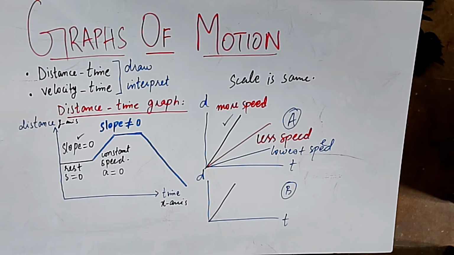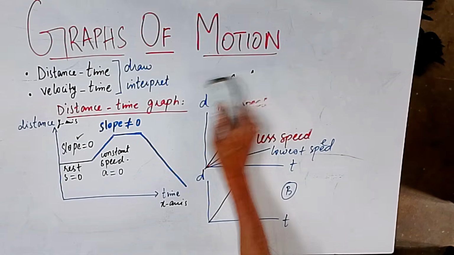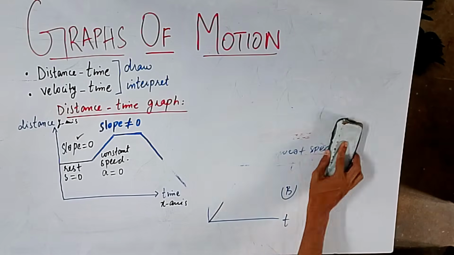So more gradient means more speed, less gradient means less speed. So these are some terms related to the distance time graph, right? And remember this curve point, whenever you have a curved line on a distance time graph, it is showing that the object's speed is not constant and it is generating acceleration.